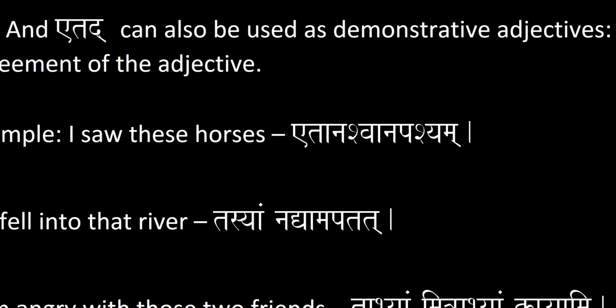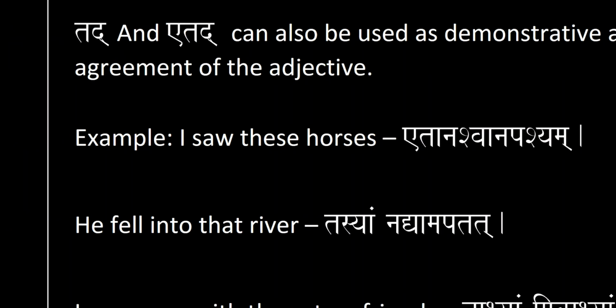You would say etan ashvan apashyam. Ashvan, "horses," is accusative plural, and etan would also be accusative plural in the masculine. And apashyam, "I saw," is imperfect.